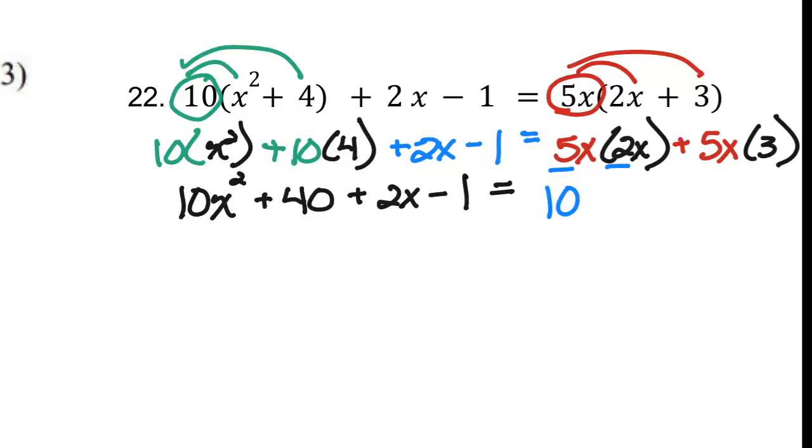X times x. What does that give me? X times x. Not 2x. X squared. X times x is x squared. Plus 5 times 3, that's a 15x.